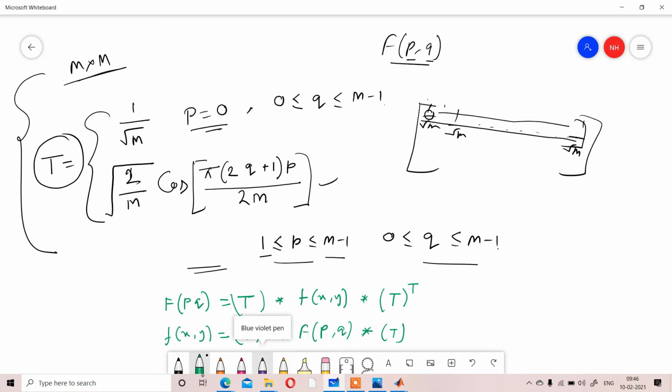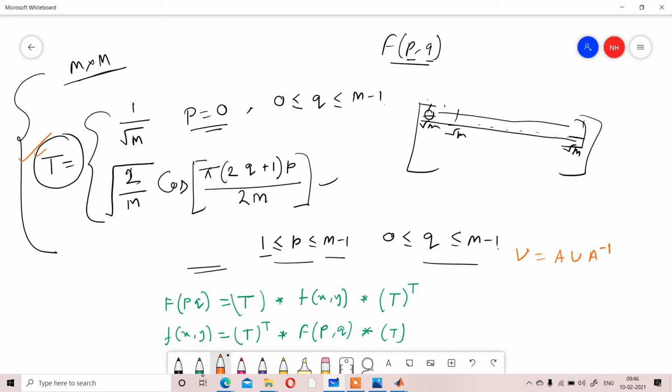Why is that? Keep in mind that the transformation matrix is real, there is no imaginary part. So our formula is V equal to A U A inverse.